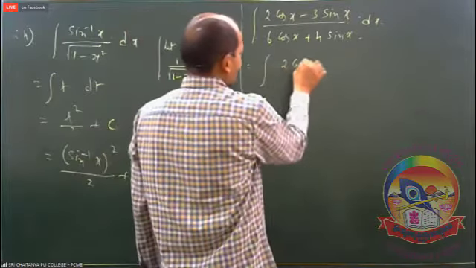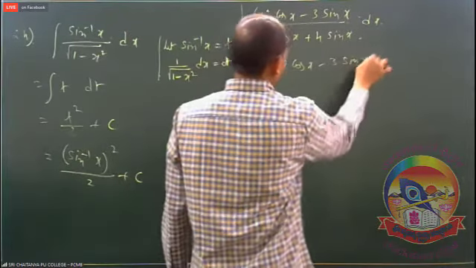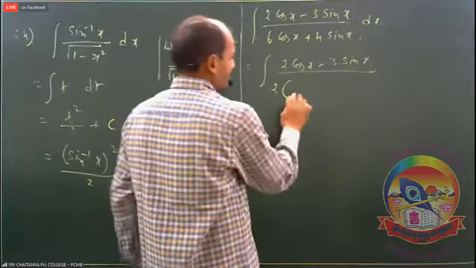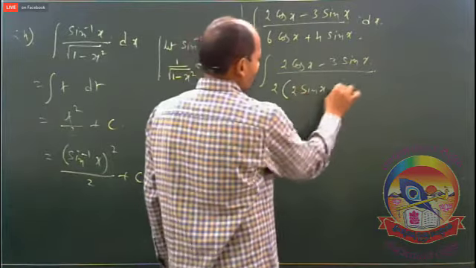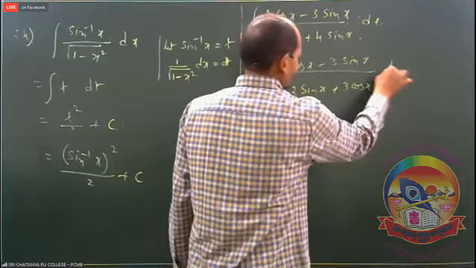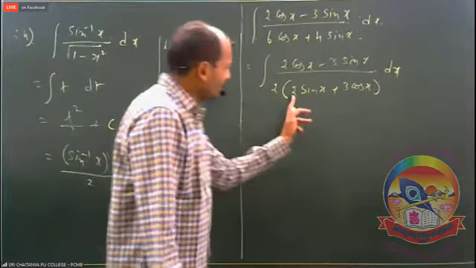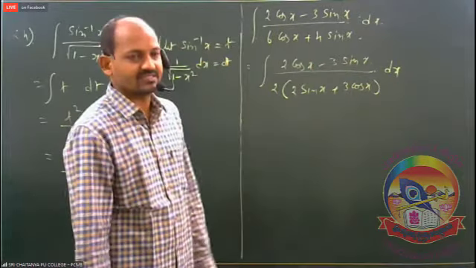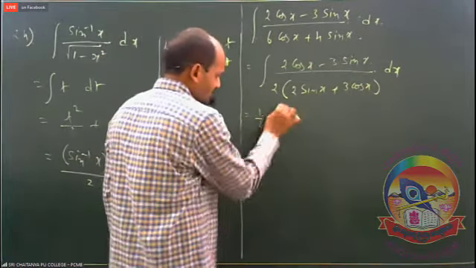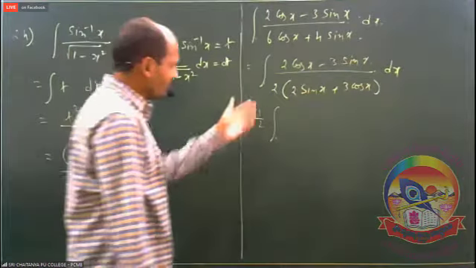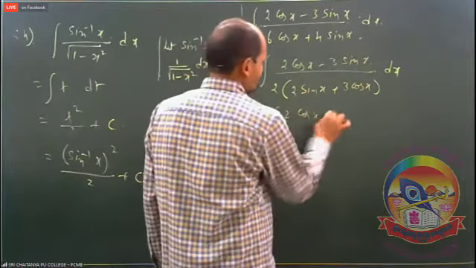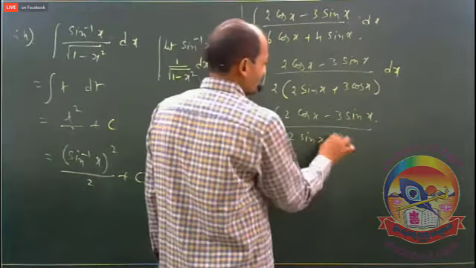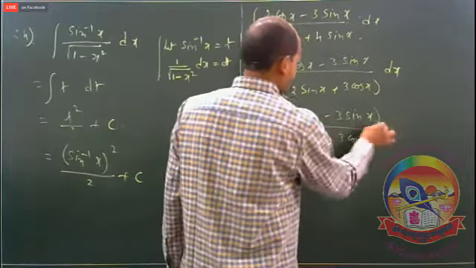The integral of 2 cos x minus 3 sin x divided by 2 into the denominator 2 sin x plus 3 cos x, whole dx. 2 into 2 sin x is 4 sin x, 2 into 3 cos x is 6 cos x. Here 1 by 2 is a constant, so 1 by 2 into the integral of 2 cos x minus 3 sin x divided by 2 sin x plus 3 cos x whole dx.